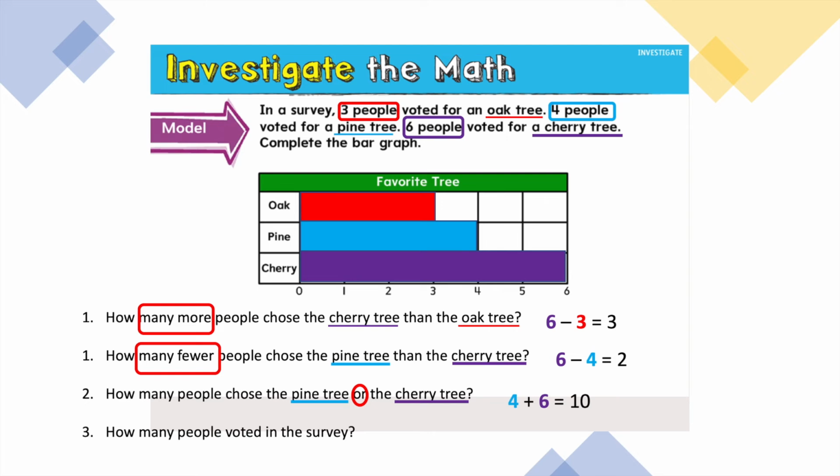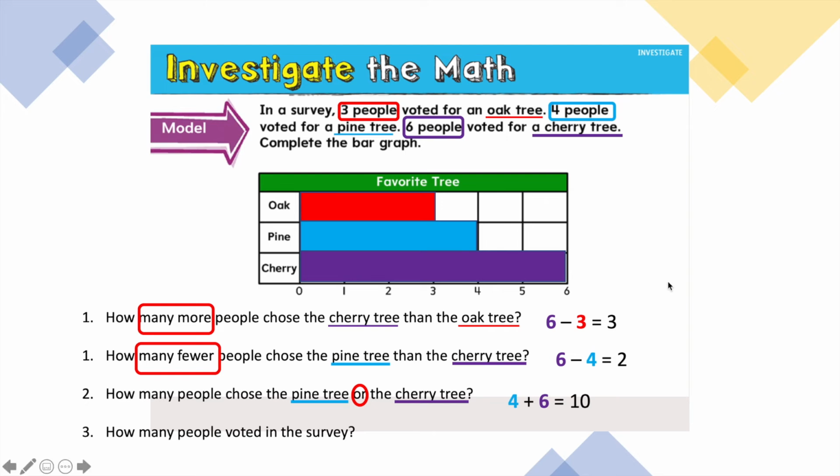All right. Next question. How many people voted in the survey? So in other words, how many people were asked this question?